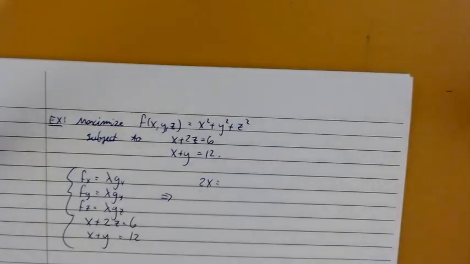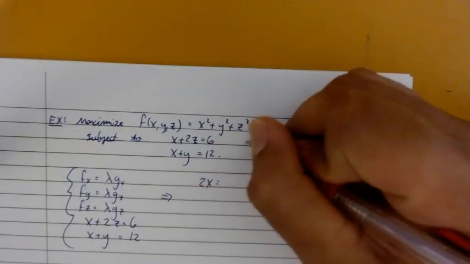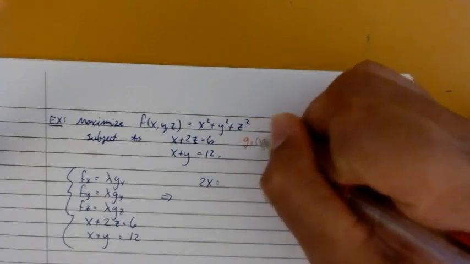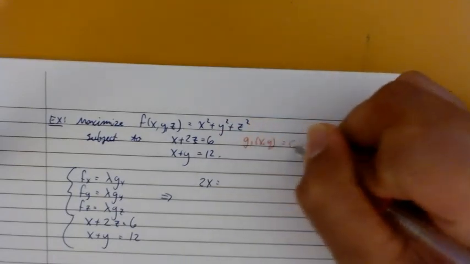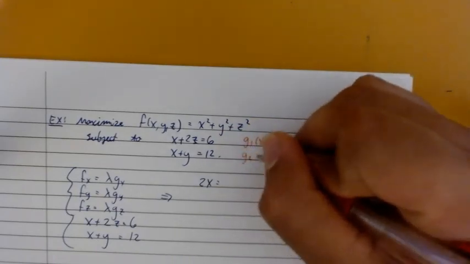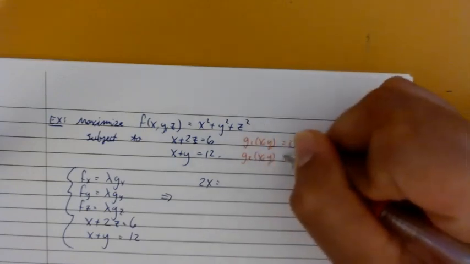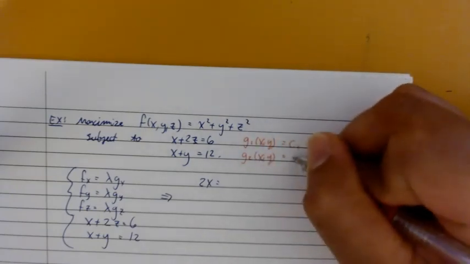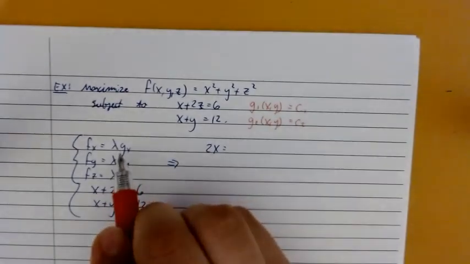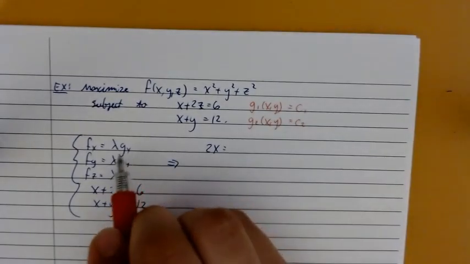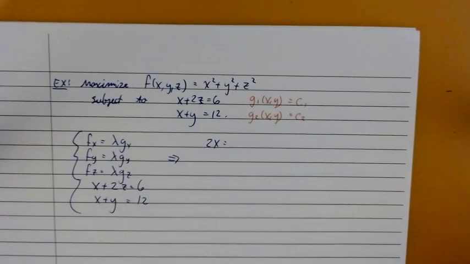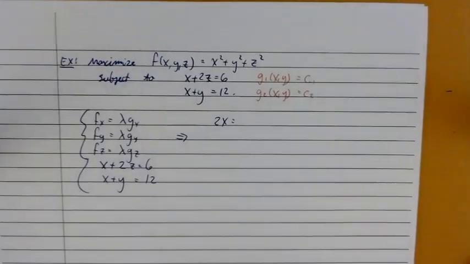So this one would be something like maybe g1 of x comma y is equal to a constant, and this one would be g2 of x comma y would equal some other constant. So here, when we have g, we have to be more specific. We have to say which one. So my apologies. In fact, let me start this one over.